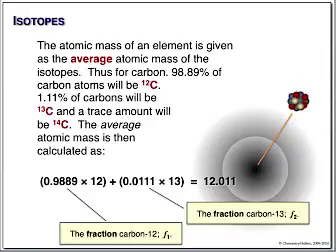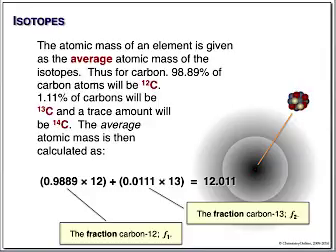If we take the fraction and multiply it by the mass for carbon-12, then do the same thing with the fraction, 0.01, 1%, times 13, we get a mass of 12.01. If you look at the periodic table for carbon, that is the mass that shows up underneath the symbol in the periodic table.